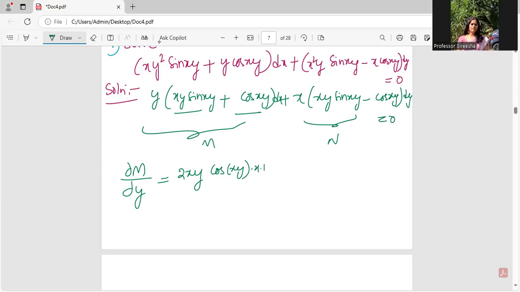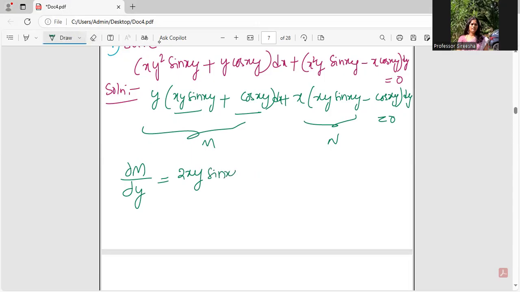Oh, I should be using the UV rule. I'm so sorry. I have to differentiate y squared first. Put sine xy as a constant plus xy squared as a constant. Sine xy derivative is cos xy. Xy derivative with respect to y would be x into 1.